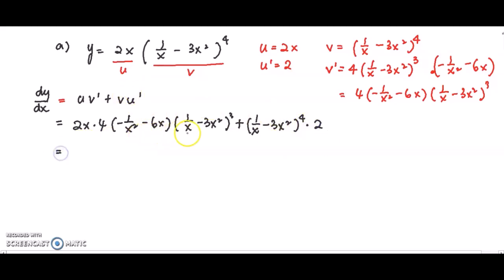Now we can factor out the common factor. You can focus on the first term. This is your first term, and this is your second term. Check if you have any common factor between these two terms. I see that both terms can be divided by 2, so I take out the 2. And both can be divided by 1 over x minus 3x squared to the power of 3, so I take out this power of 3.